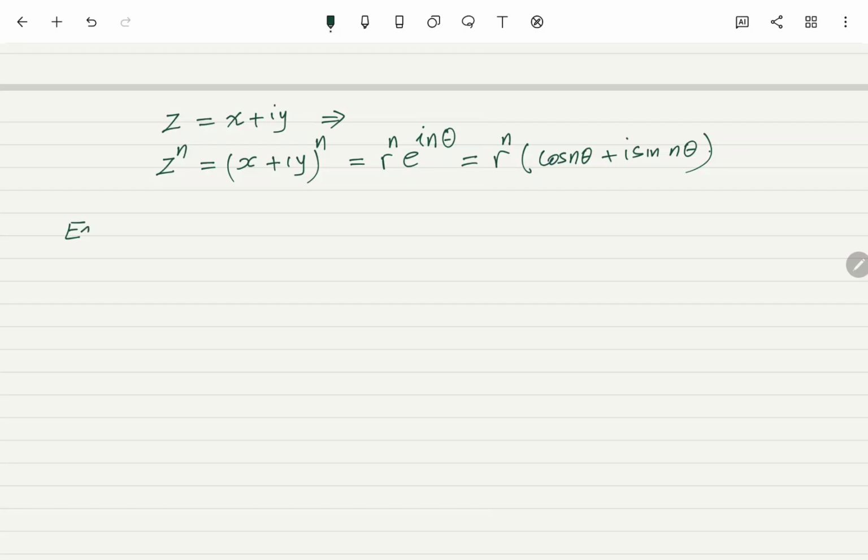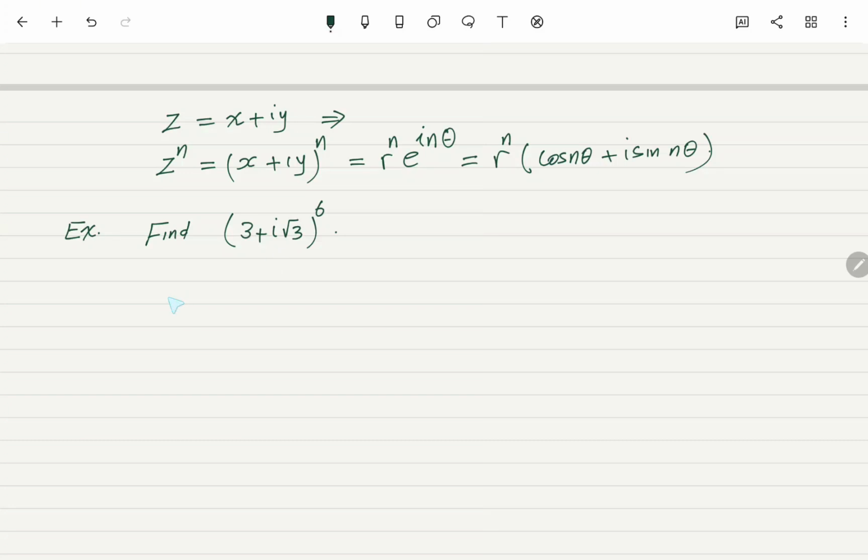Example: find (3 plus i square root of 3) to the power 6. To solve this one, let's write it in polar form.